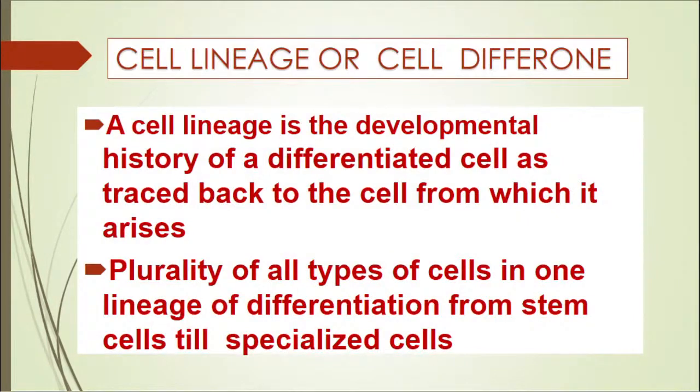Now let's talk about cell lineage. What is cell lineage? A cell lineage is the developmental history of differentiated cells as it traces back to the cells from which it arises.